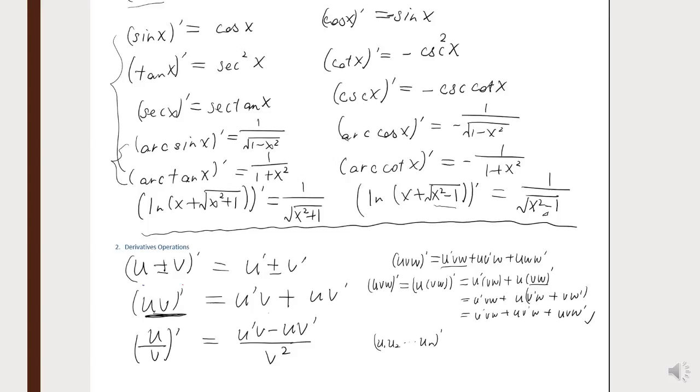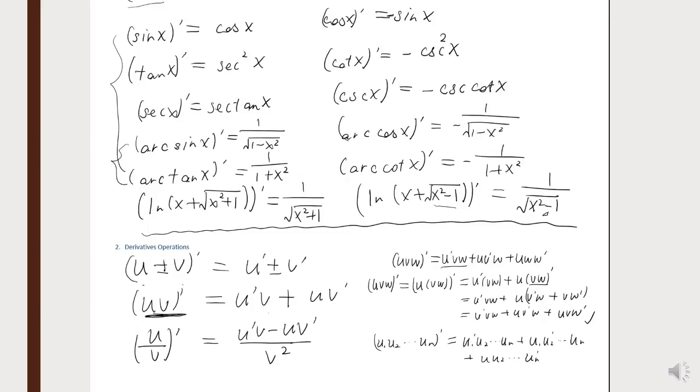Yes, and from those two items and three items multiplication case, you can simply generalize the rule as u1, u2 all the way to un plus u1, u2 derivative all the way to un, and then u1, u2, and all the way to un derivative. Got it? Okay, so we're gonna apply this rule to our future derivative calculation later.